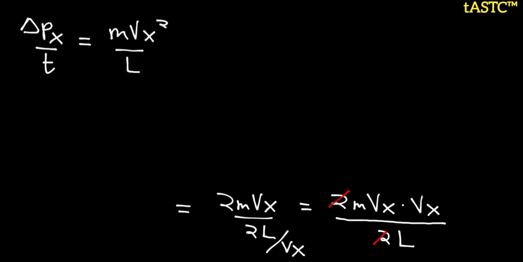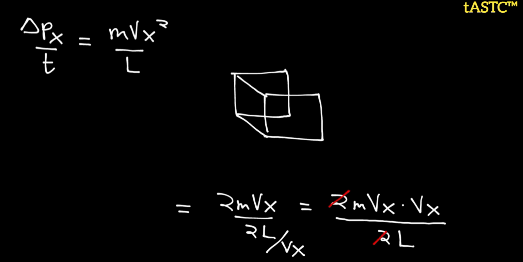Now, you need to understand that this is a change in the momentum that will occur at one side of the cube. So at the B part and the B prime part, from this part you're actually going to have one of this. But you also have the change in the momentum with respect to B prime.